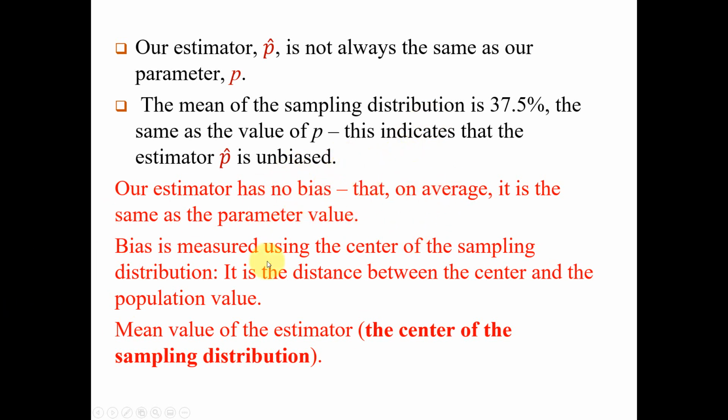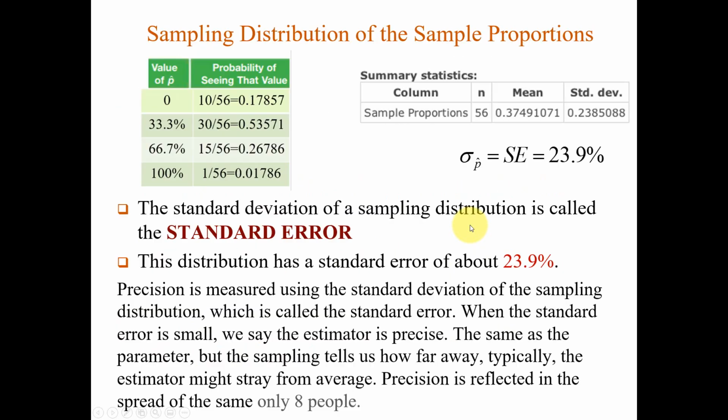It's really close to the actual P. Bias is measured using the center of the sampling distribution, typically the mean, and it's the distance between that mean, or it could be the median depending on the sampling distribution, and the population value. Since our example had 0.375 in both cases, there was no bias.